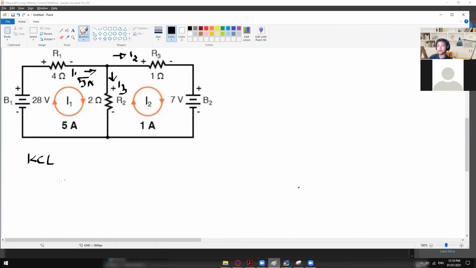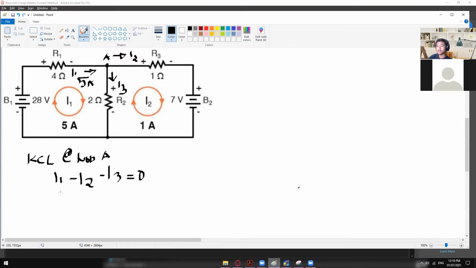So we have going in for I1, which is positive, and then going out for the I2, and another going out for the I3 is equal to 0. So at this point, KCL at, let's say, node A.